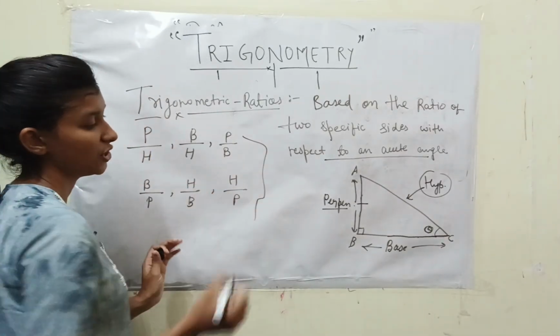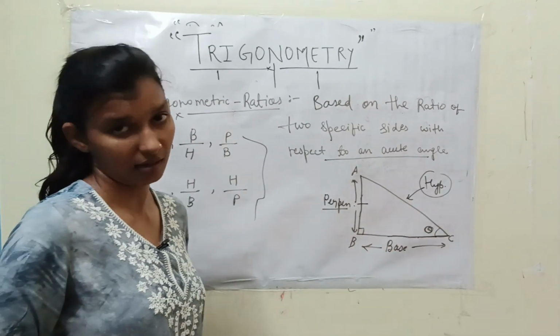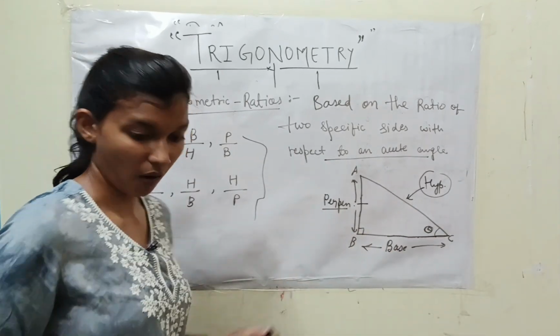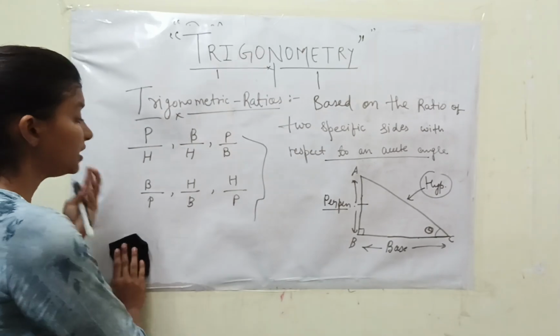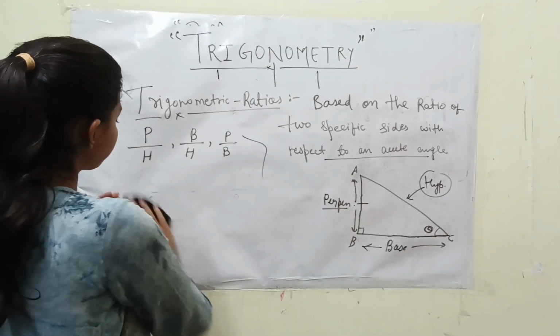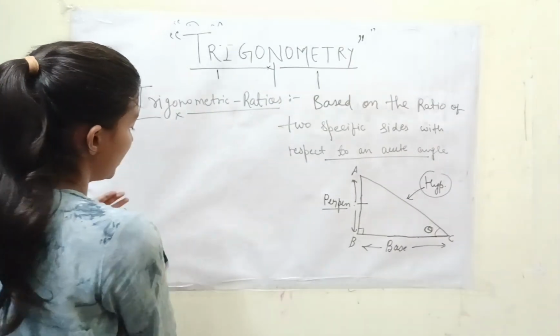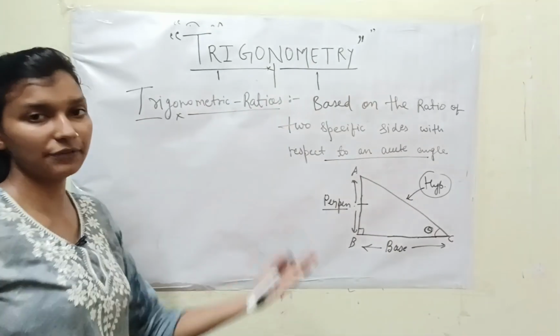These six types of ratio we can define with these three sides of a right angle triangle. Now, in trigonometry, these ratios are named as trigonometric functions. All these ratios have a different significant name.